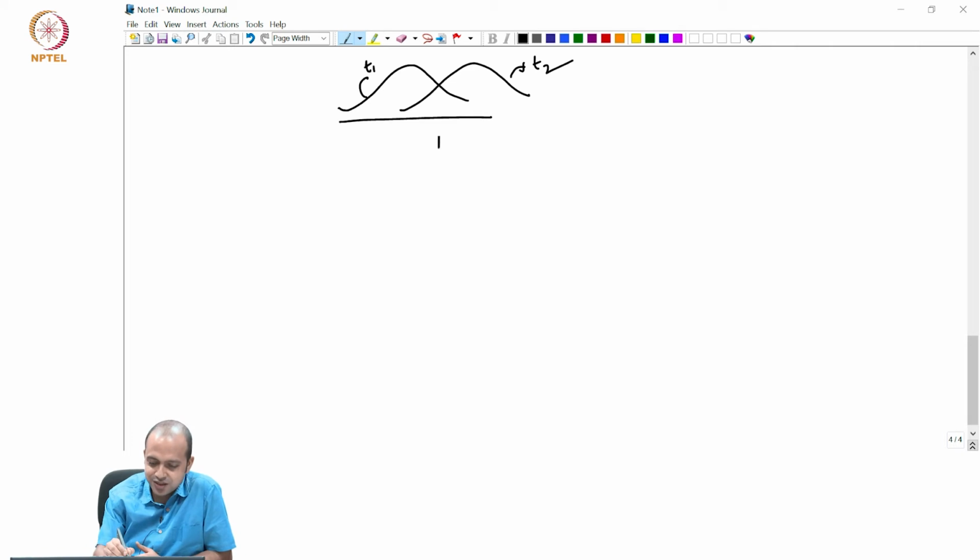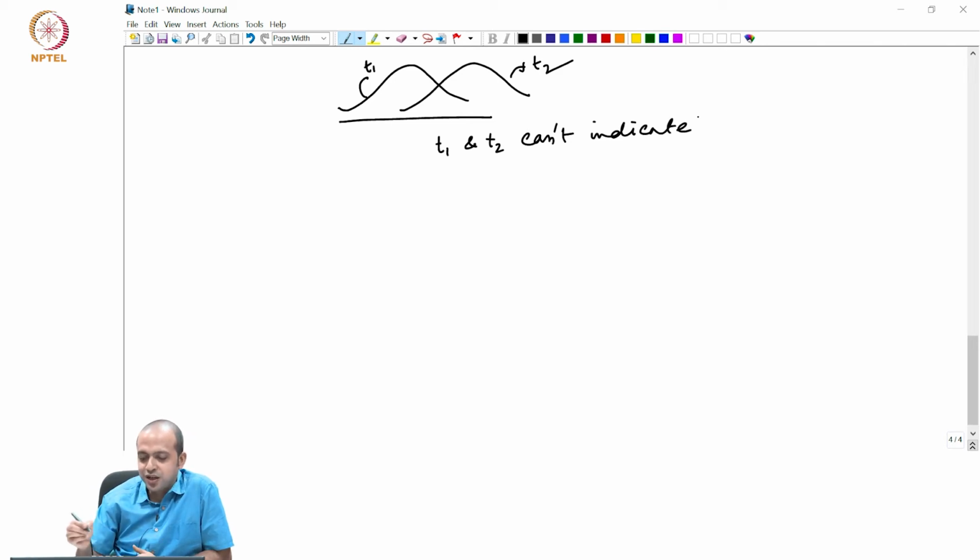So the t statistics T1 and T2 cannot indicate joint significance.